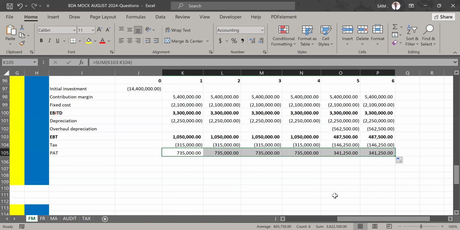It is allowable. But I want to believe all of us here at this level, we've done published accounts and we understand that depreciation that is being charged in the income statement does not mean it is paid. It is just recognized, depreciation being recognized on accrual basis.